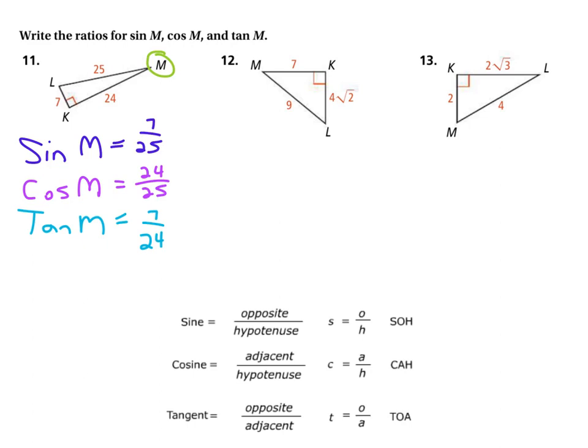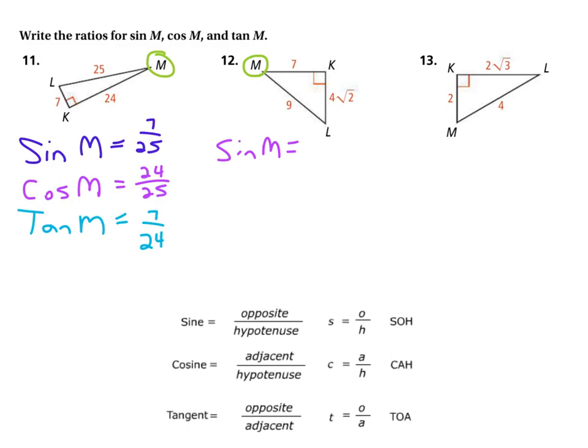We're going to repeat that for number 12 and 13 as well. Again, we're doing angle M. And by the way, if we need to, we will simplify the ratio that we get. So here, let's say sine of M in this case is opposite.